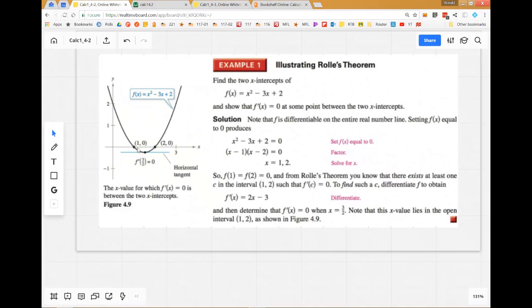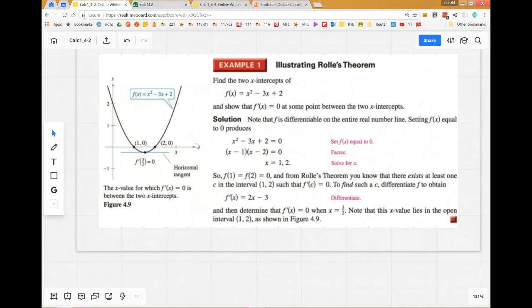In this case, the two points of the same height are (-1, 0) and (2, 0), the x-intercepts. And therefore, there's got to be a point between those two where we have this blue tangent line that is horizontal. So anyway, here's the equation, x squared minus 3x plus 2.